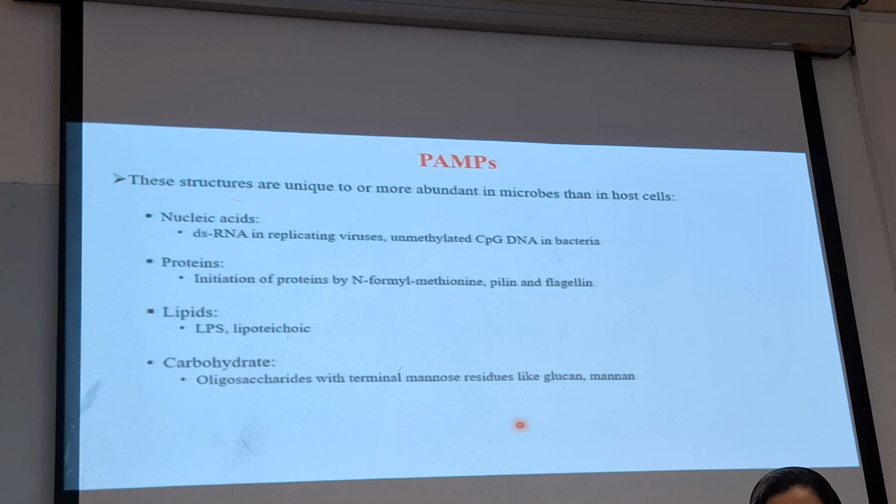PAM molecules as ligands for PRRs are made of proteins, nucleic acids, and also lipids and carbohydrates, and we have these structures in our body too.